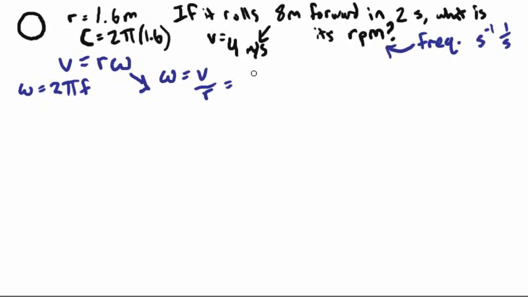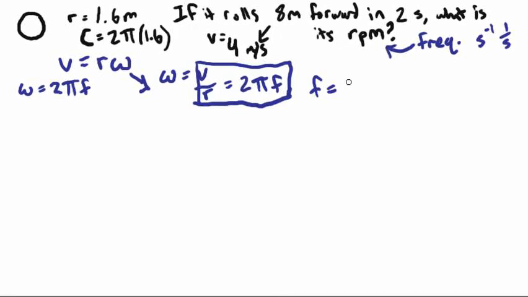And since the frequency is actually what I'm looking for, I'm going to want to manipulate these equations. So I'm going to go right on past omega and forget about it at this point, and I'm going to solve for frequency. So frequency is going to be equal to the velocity divided by 2 pi times the radius, or velocity divided by circumference.